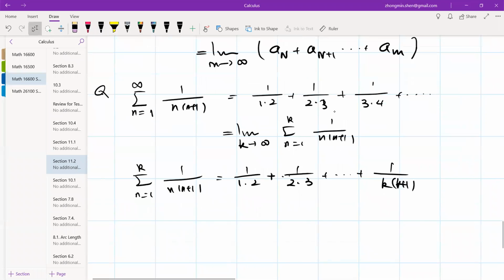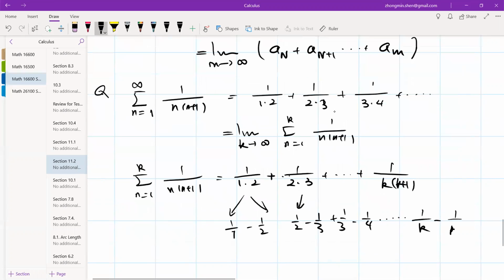In order to group them into one fraction, we have to decompose it into two fractions for each term. It's 1 over 1 minus 1 over 2, and here's 1 over 2 minus 1 over 3, and keep it going, 1 over 3 minus 1 over 4, and so many terms, up to 1 over k minus 1 over k plus 1.